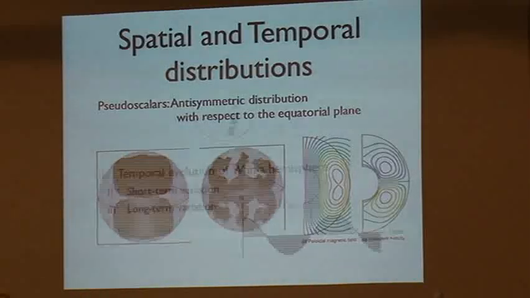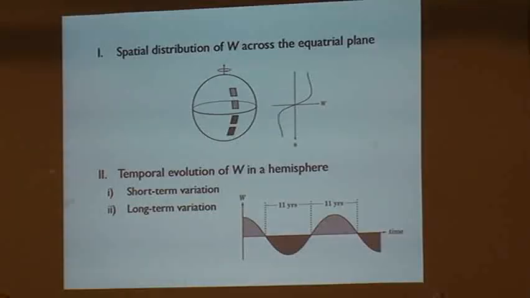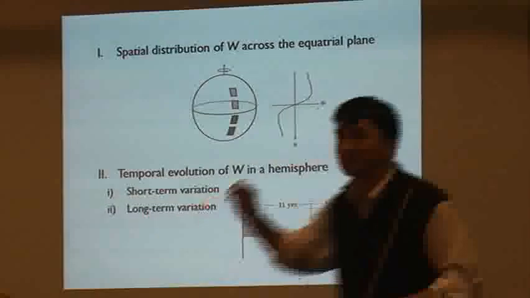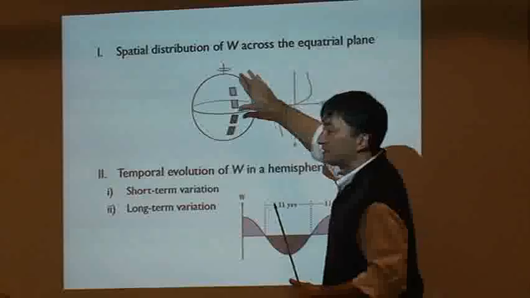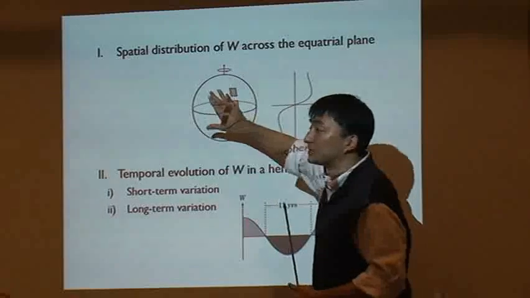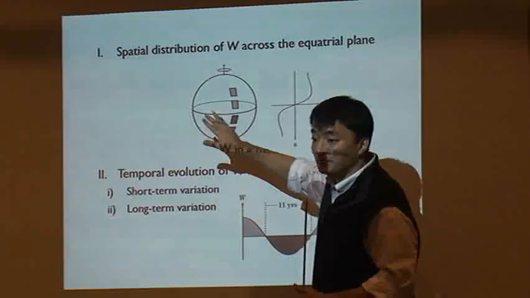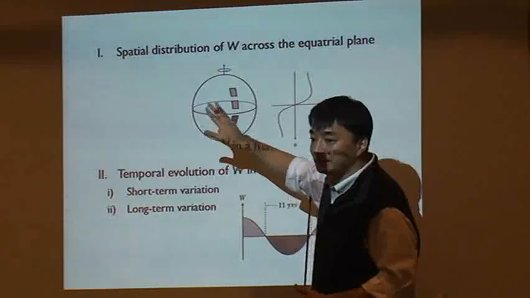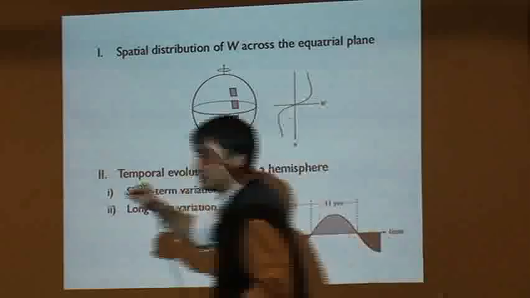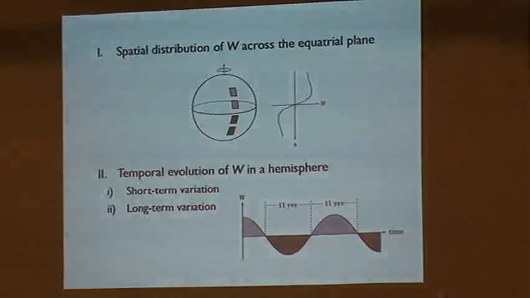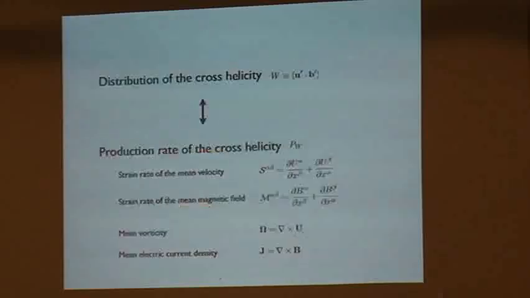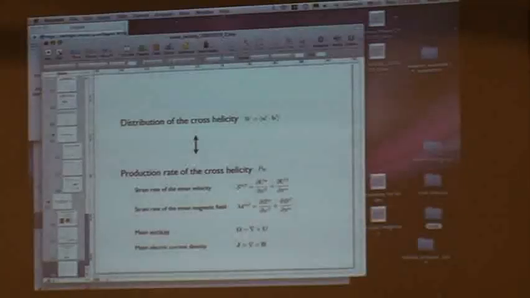So on the surface of the Sun, there must be some spatial distribution of the cross-helicity. I now propose this type of observation using Hinode. As I mentioned, Hinode can only detect line-of-sight velocity, but with some assumption and model we can. So that's all. Thank you.